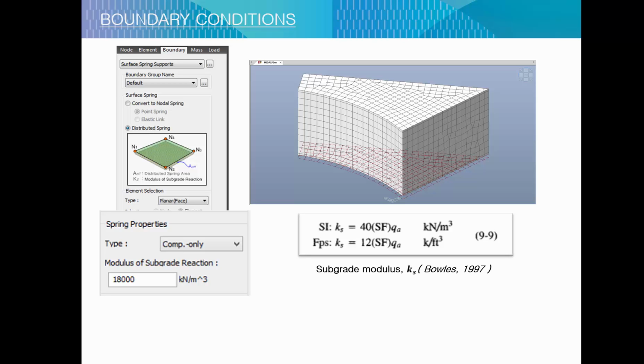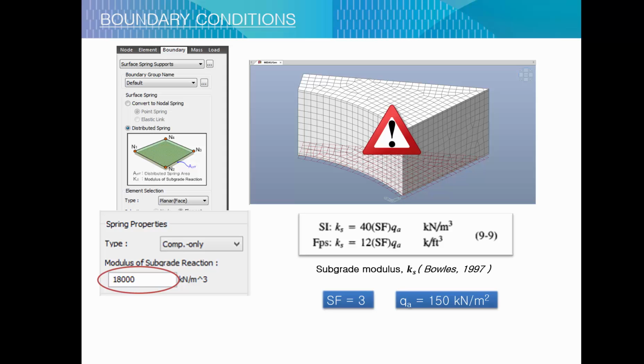This formula is found in a book by Bowles. Using this formula, I used a factor of safety of 3 and an allowable bearing capacity of 150 kilonewton per meter squared, which is equal to 18,000 kilonewton per meter cube for the modulus of subgrade reaction.